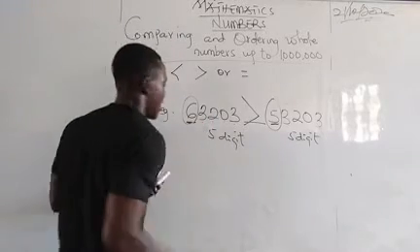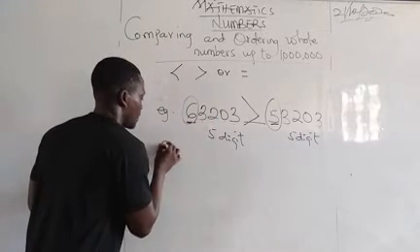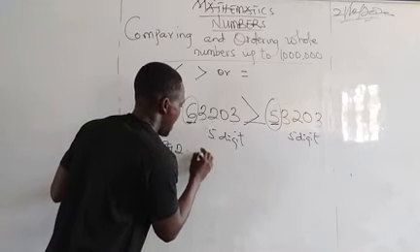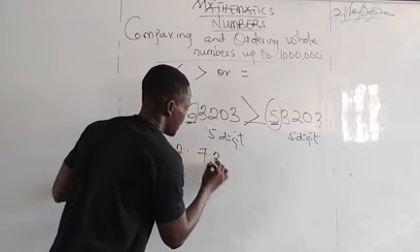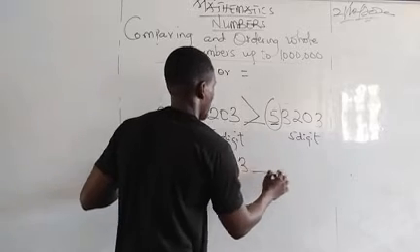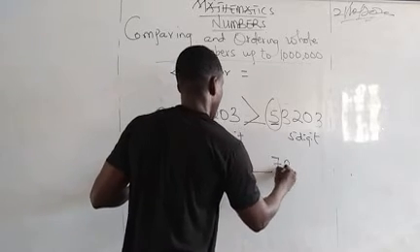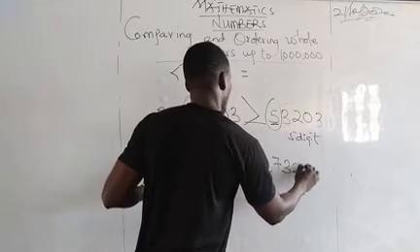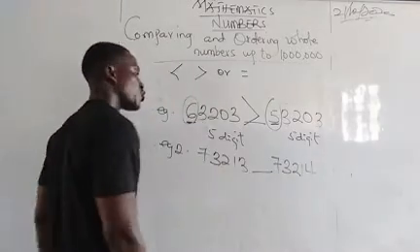Let's take another example. You all understand it. So let's take another example: 73213 and 73214.